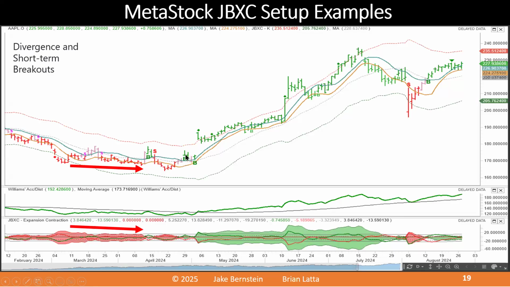There was a secondary divergence that would have picked up in April, at least. May not look good to get in post earnings and a breakout on that. But as you can see, even on that, Apple traded significantly higher.